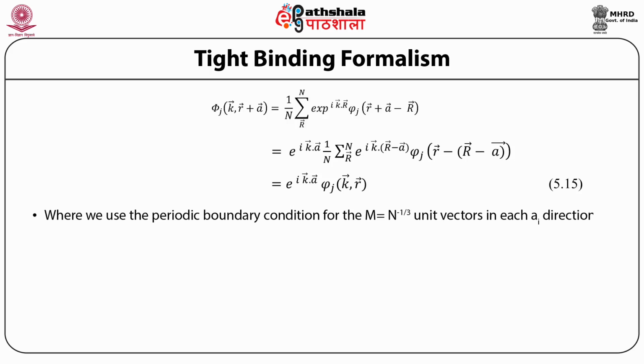Now here we use the periodic boundary condition for m equal to n to the power 1 by 3 unit vectors in each ai direction.